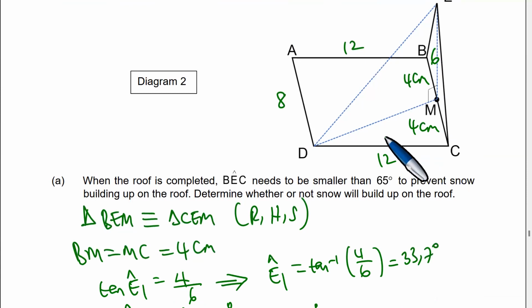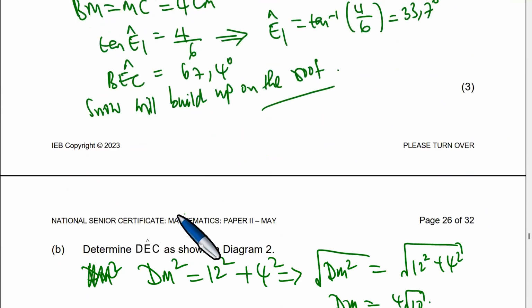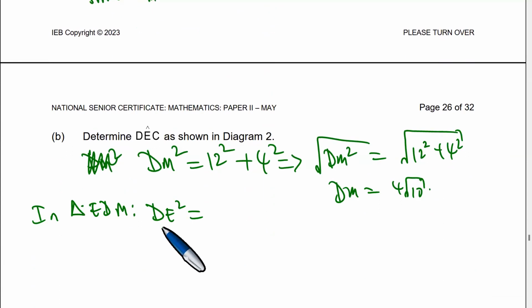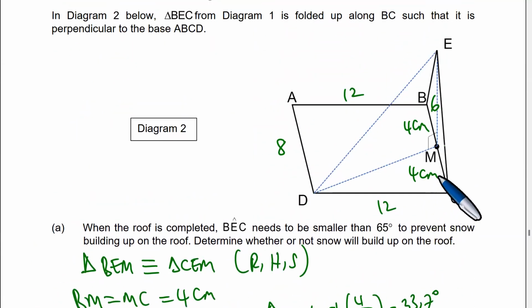So we need to find DE squared in triangle EDM. DE squared is going to be exactly 6 squared plus 4 square root of 10 squared. This one, 4 square root of 10, is the length of DM, and the 6. So you can find DE squared by Pythagoras.